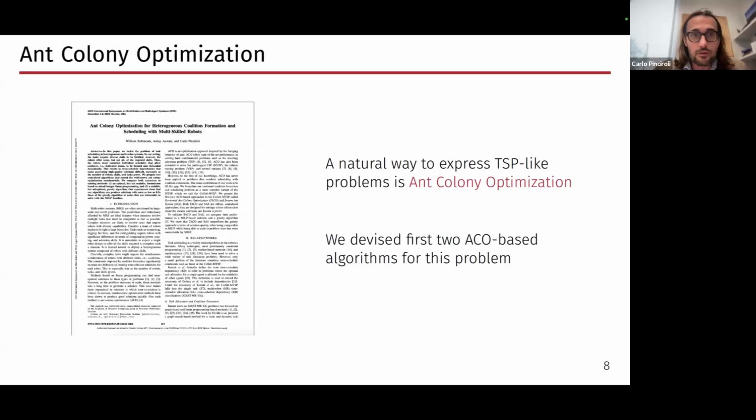Now, the interesting part about ant colony optimization, I don't know if you know how it works, is that it uses the concept of an ant to build paths in a graph. We have an ant that starts in a random location of the graph, and then randomly chooses the next location to visit, and then the next, until the path is completely filled.